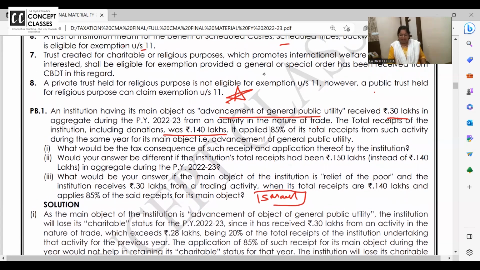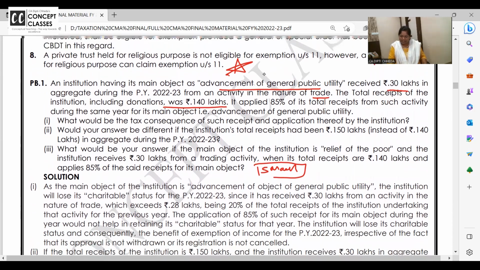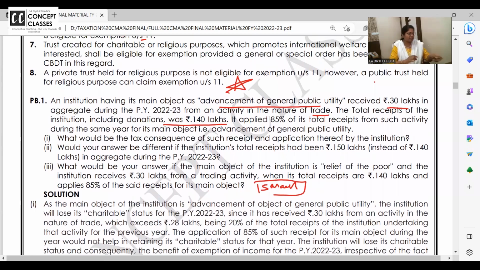Check. Why is the trust formed, with what object? Advancement. How much is their income from business or trade? 30 lakh. And what is the total income? 140 lakhs. So will they get tax benefit or exemption? Will they get it or not? What is your answer? Will they get the benefit? Yes or no? Read the question and answer, please. One second.